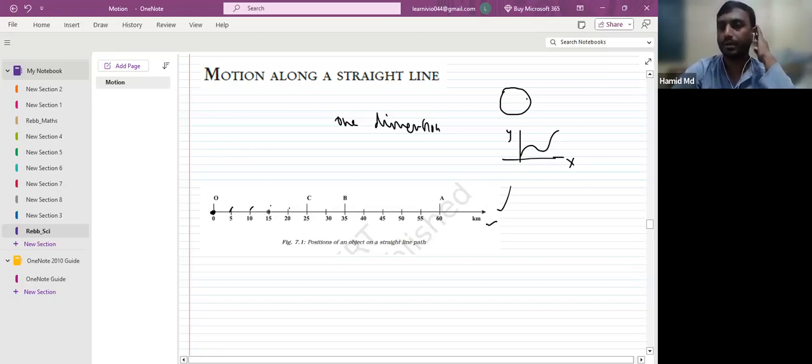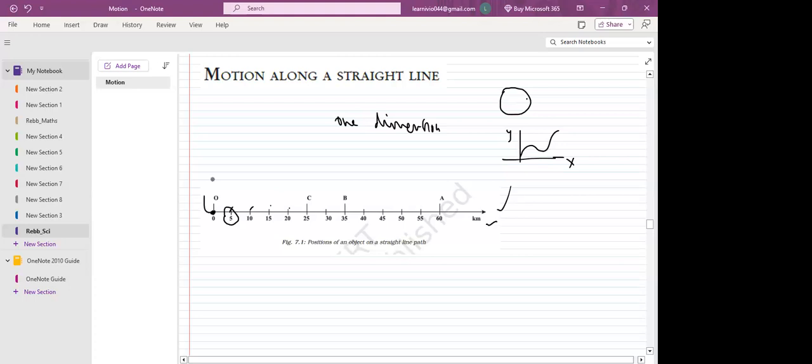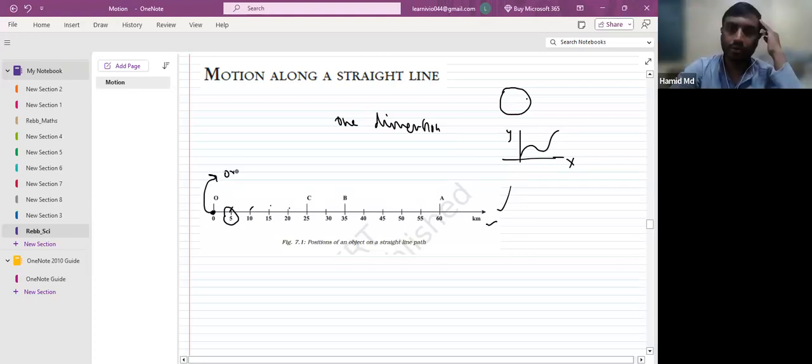For motion along the x-axis, the y coordinate is 0, so only one number is written. This is the origin, and with respect to the origin the distance is marked. A, B, C are the positions of objects at any given time.